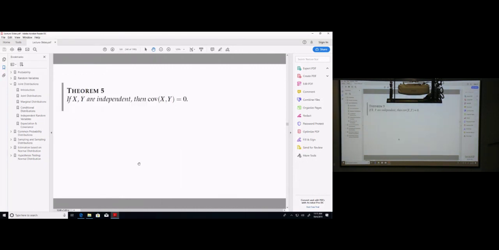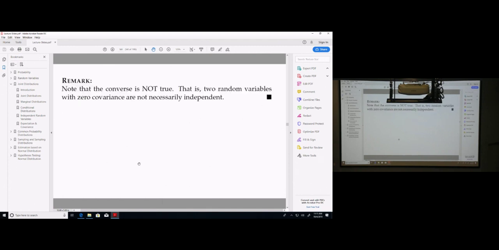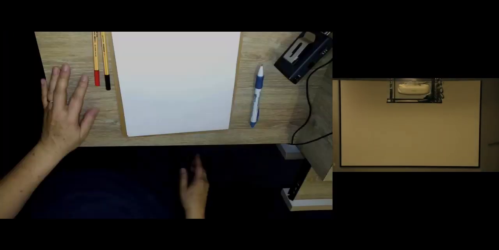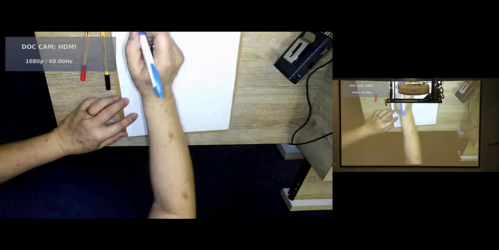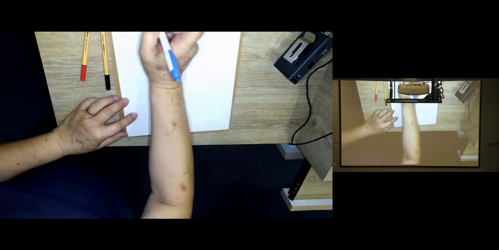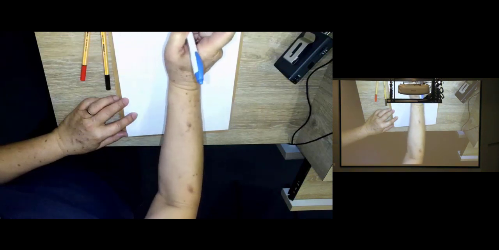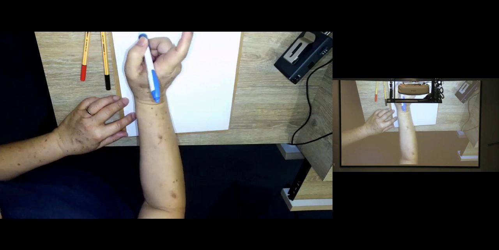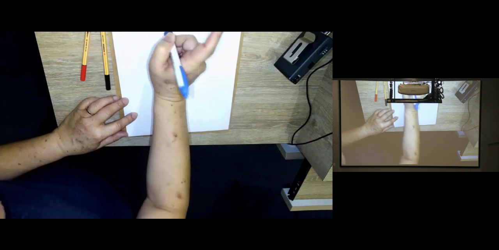Okay, if X and Y are independent, then the covariance is 0. This is important. I don't know whether we have a proof. The proof is very straightforward, all right? Okay, so if X and Y are independent, then the covariance of XY equals 0.